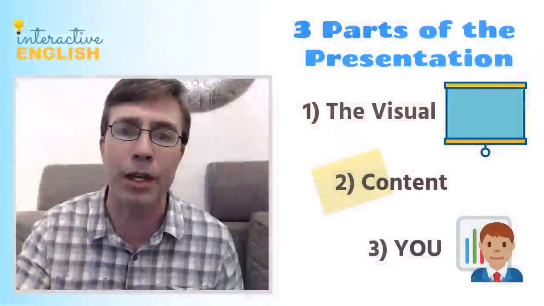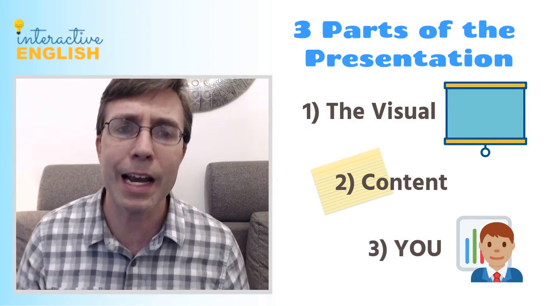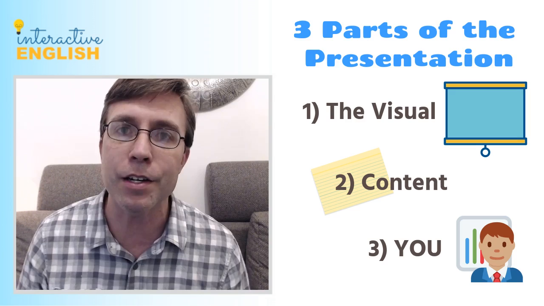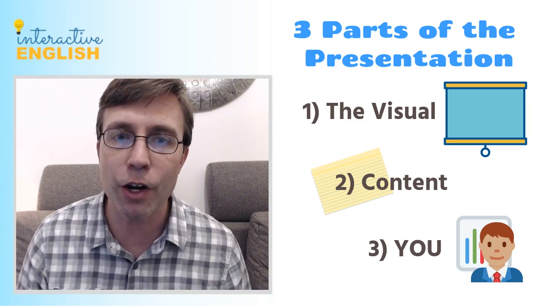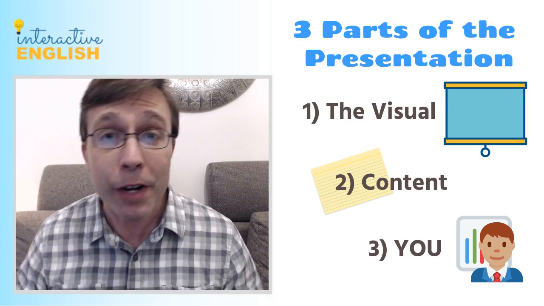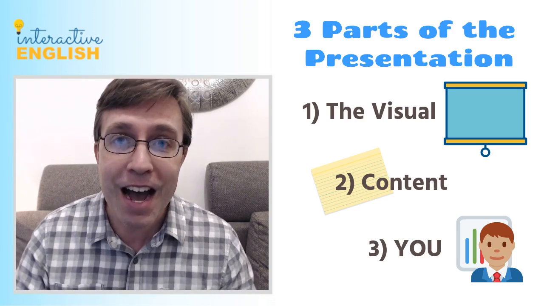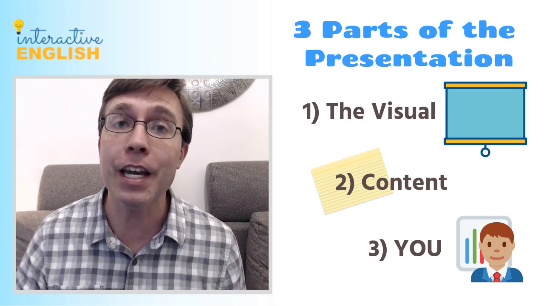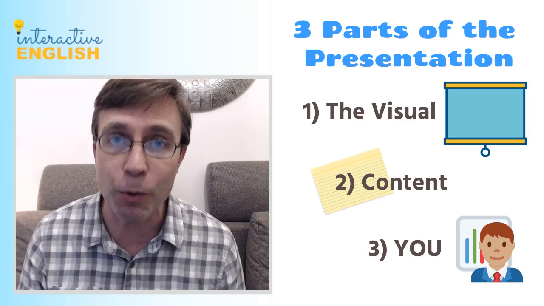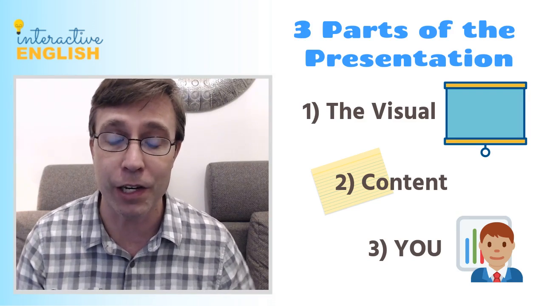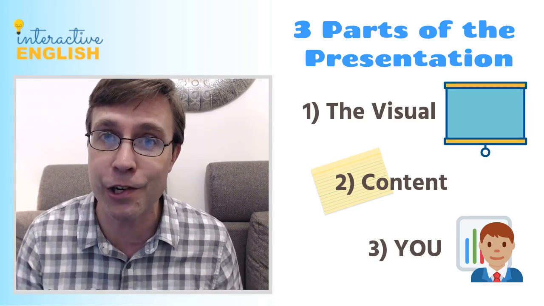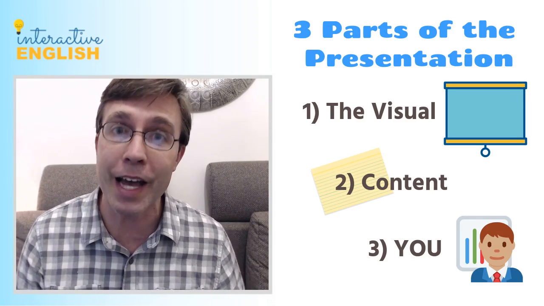So let's begin. I want to start out by showing you what exactly we are going to talk about today. Today, it's broken into 3 parts. I'm first going to talk to you about the visual. And when I say the visual, I'm not just talking about pictures and images. I'm talking about anything that people will see during the presentation. It could be pictures. Maybe you have a PowerPoint slideshow, and on that slideshow, you are going to have words.